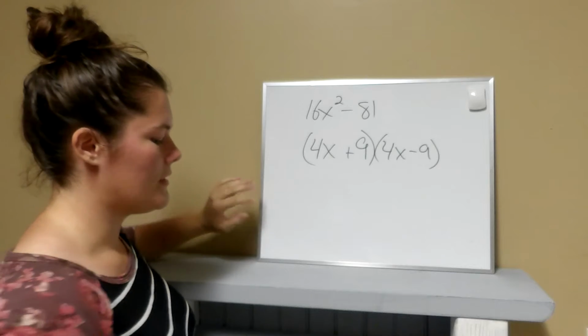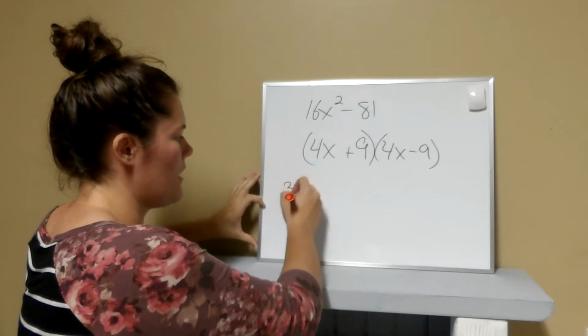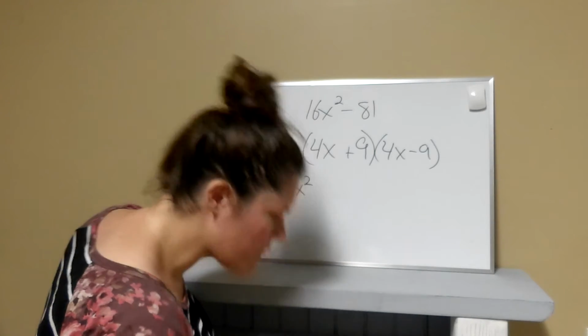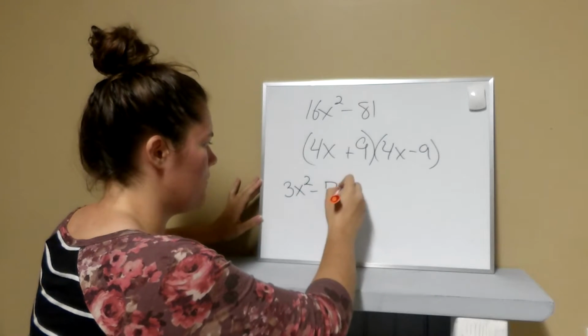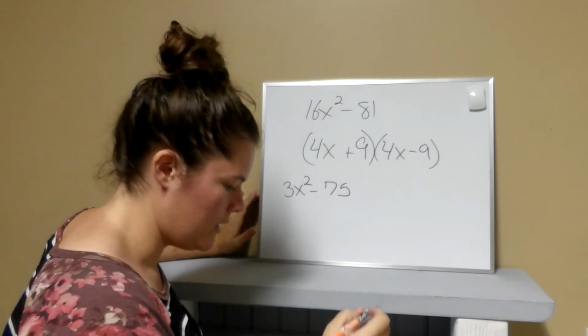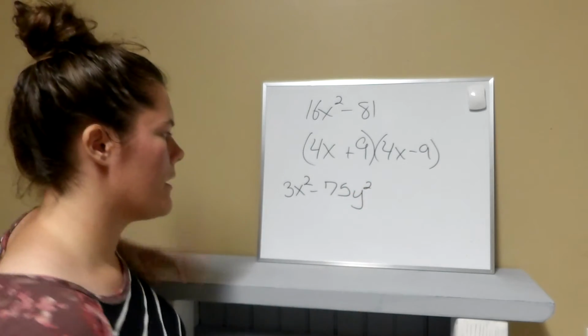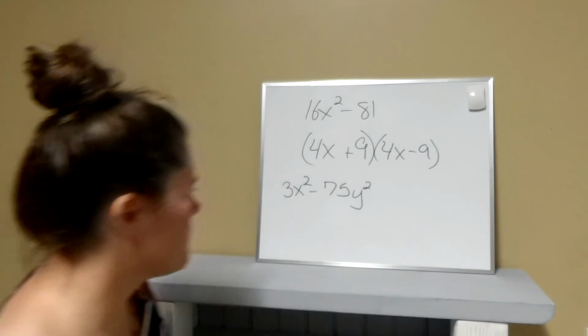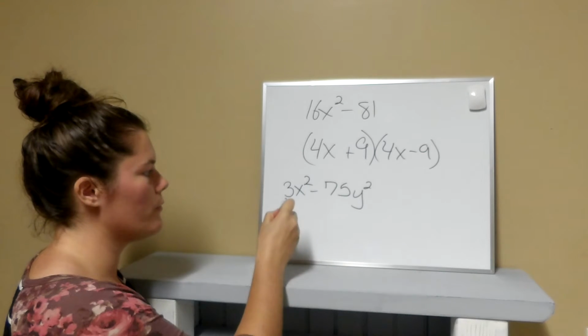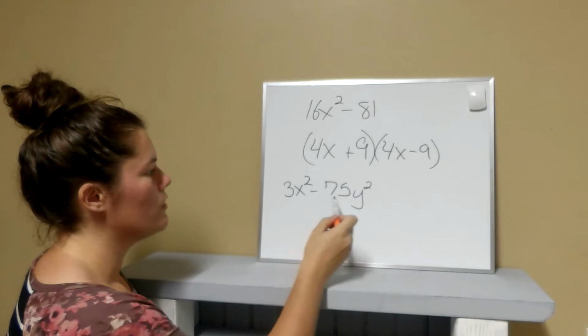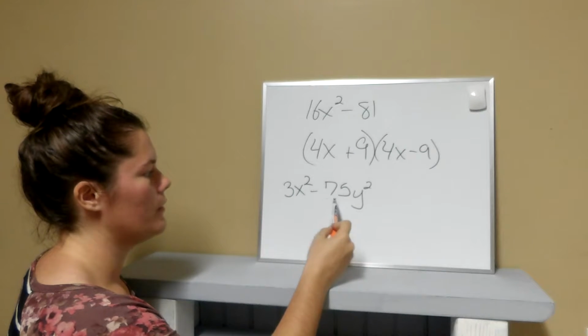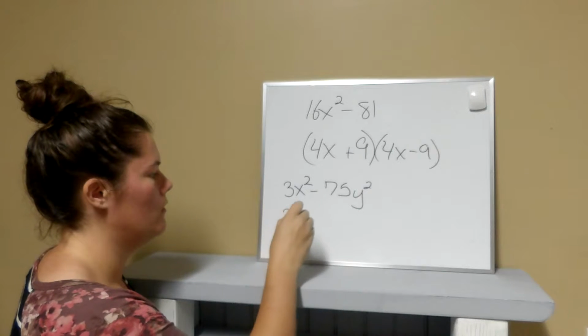Now if you had one that was not, like 3x squared minus 75y squared, well, this is not a perfect square, so you would have to factor out a number. So here we have 3. You would take out the 3.